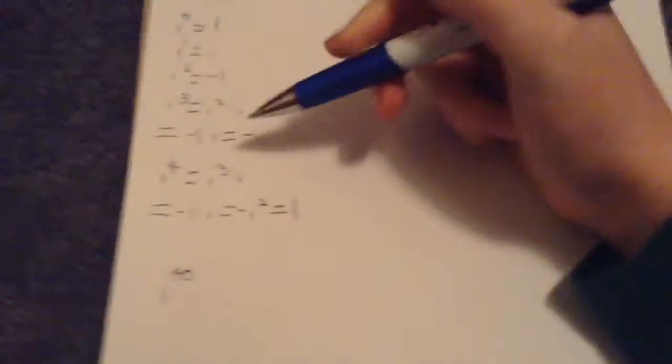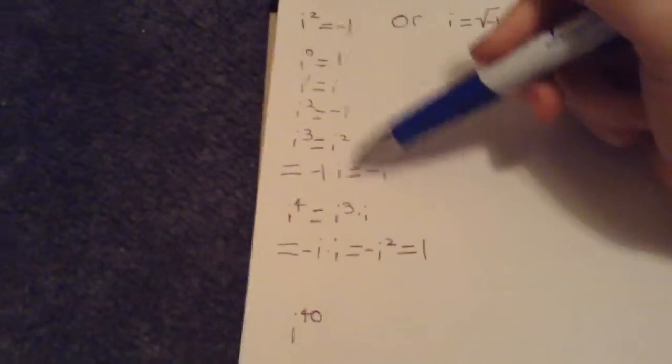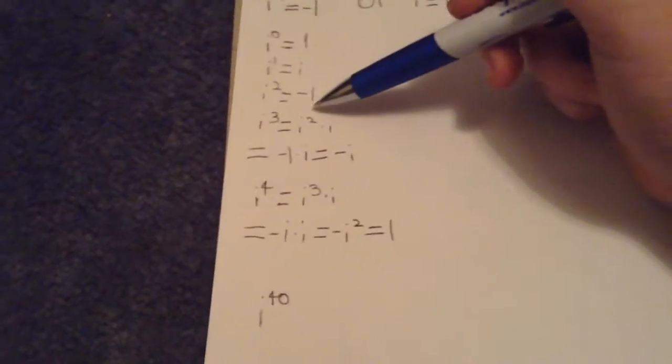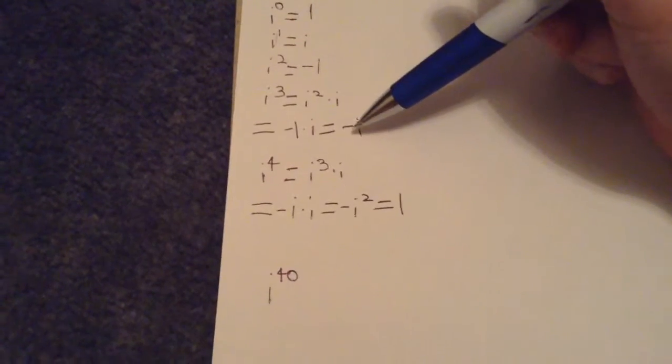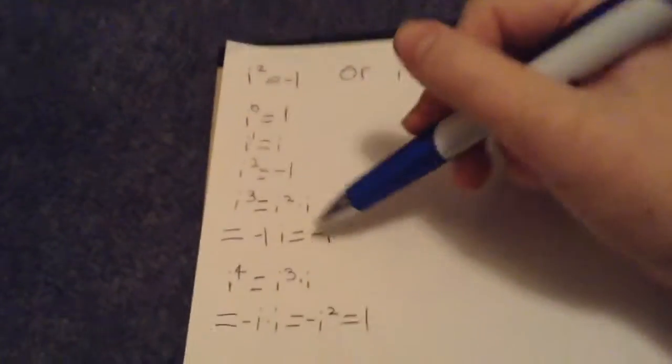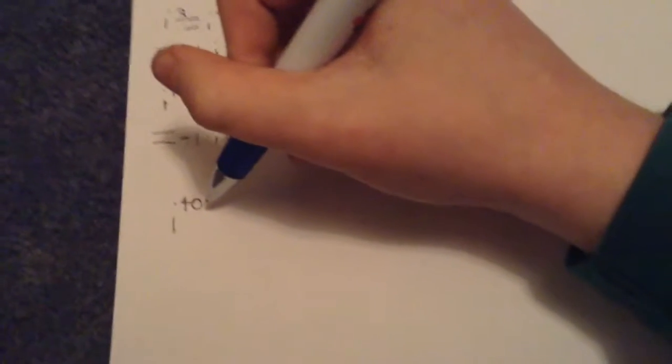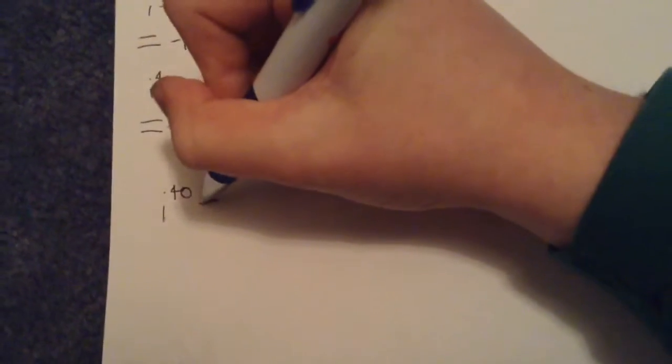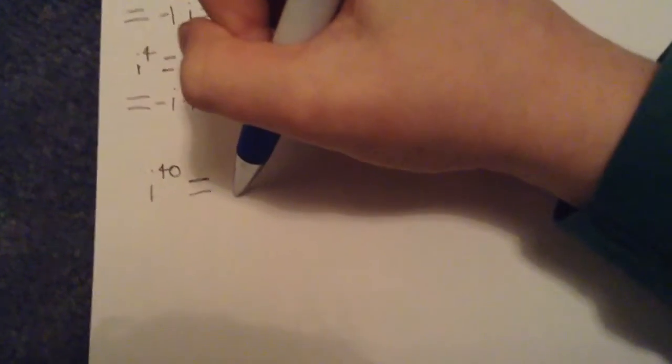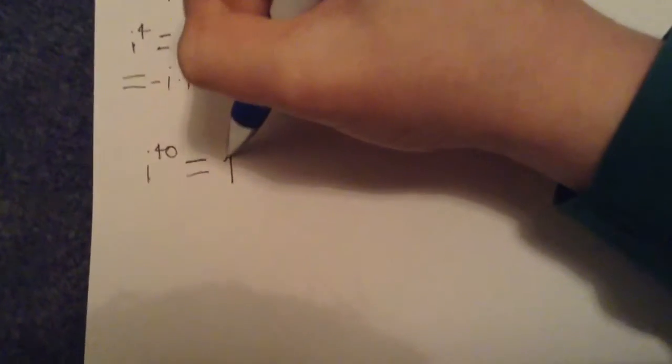Since it's a multiple of 4, and since the pattern repeats on like this, it's 1, I, negative 1, negative I, and the pattern continues. So every multiple of 4 is going to be 1. So I to the 40th power is going to be 1 because 40 is a multiple of 4.